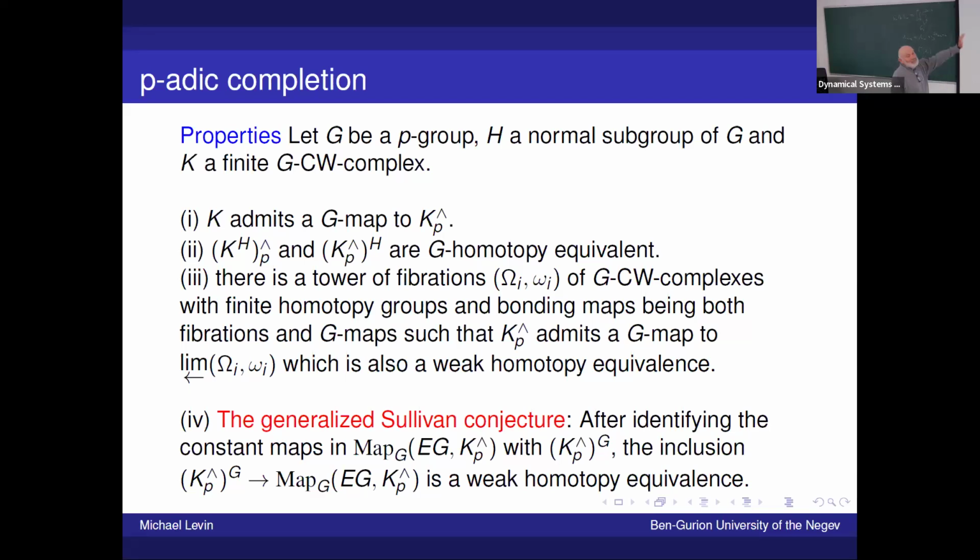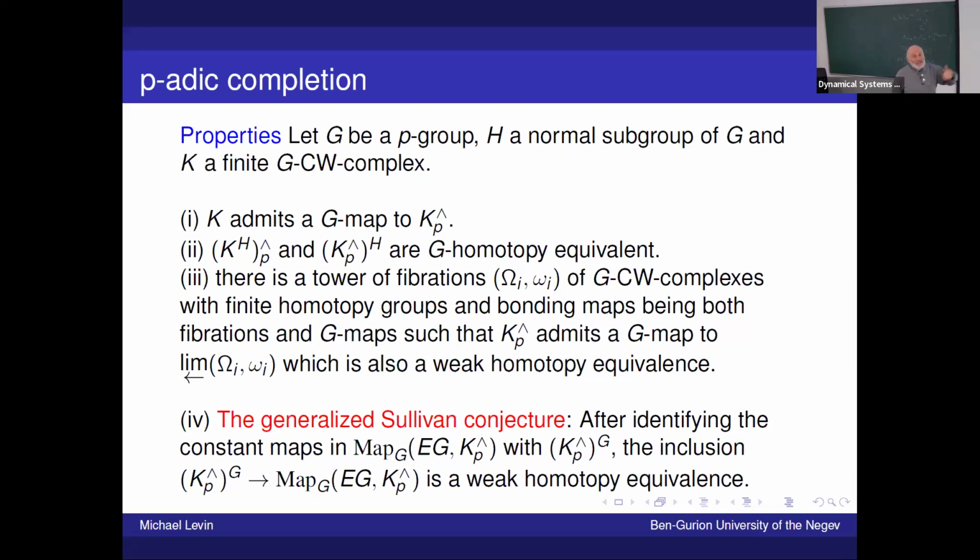Following that book, we can consider the p-adic completion as a functor from the category of G-spaces and G-maps to itself. If you have a G-CW complex, then its p-adic completion is again a G-CW complex.